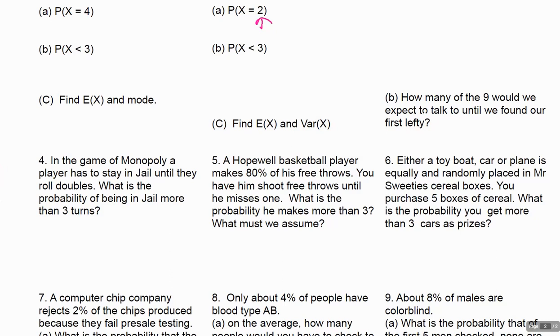What you also have to be careful with is that the probability of success doesn't always have to be good. In this case, because I'm interested in when he misses one, the probability of success is actually 0.2 when he misses it. And that only happens once, because once he misses, he stops. Sometimes they'll give you a probability, but it won't be the one you're interested in.